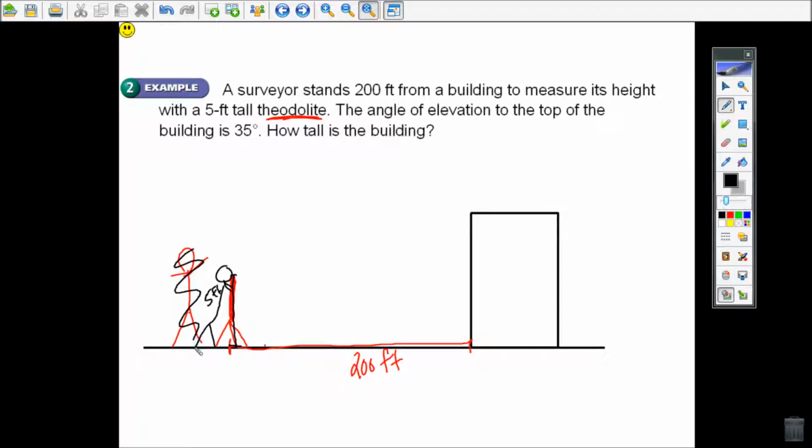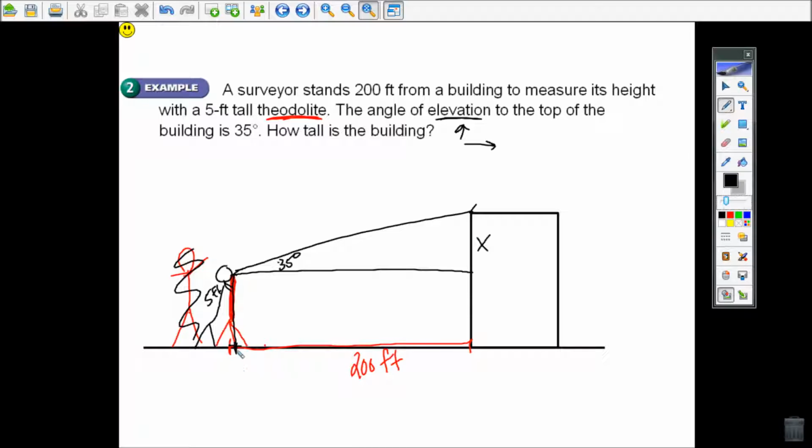It says you have an angle of elevation. Keep in mind, elevation means up, but you have to have a horizontal line as well with it. So here's your horizontal line, and you're looking up. We're not looking up from the bottom. We're looking through this telescope surveyor machine. They're telling you this angle is 35 degrees. It wants to know how tall is the building.